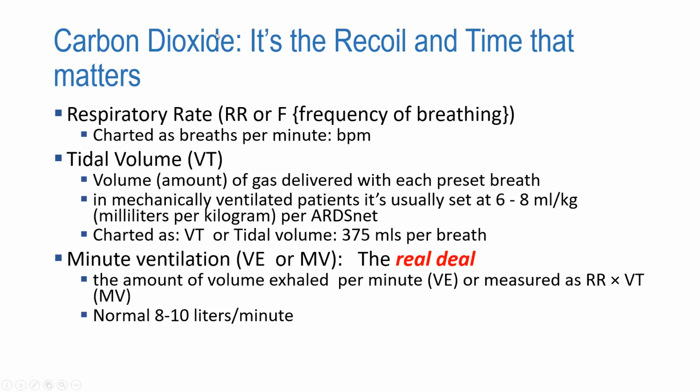When I'm looking at management of hypercarbia, I'm going to look at respiratory rate and tidal volume. Respiratory rate times tidal volume equals minute ventilation. Normal minute ventilation is 8 to 10 liters per minute. And on your ventilator, that's designated as V with a dot over it, subscript capital E. That's minute ventilation. That's the real deal. That's the amount of volume that you exhale per minute, and it's measured as respiratory rate times tidal volume.